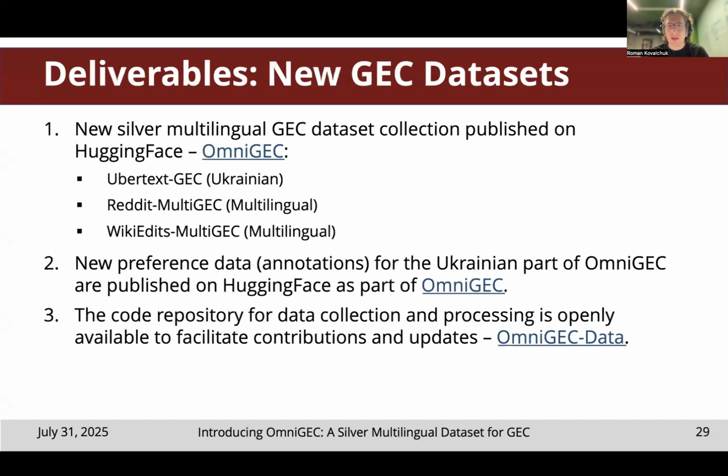Speaking of deliverables, we have published new GEC datasets on Hugging Face for all our corpora, and we collected new preference data for the Ukrainian part of the OmniGEC dataset and published them on Hugging Face. And we published the code repository for data collection and processing on GitHub.